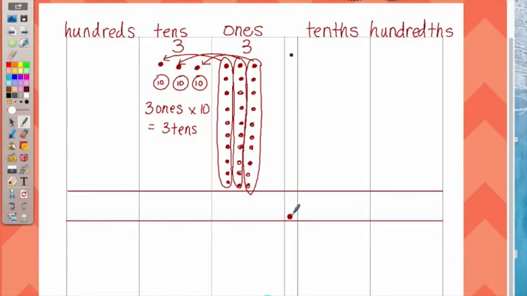So here's what it looks like in 5th grade. I'm going to write a 3, no dots, just a 3. And if I multiply times 10, I'm going to write times 10 on top of my arrow. Do you see how my arrow's crossing over and moving down to the next row?